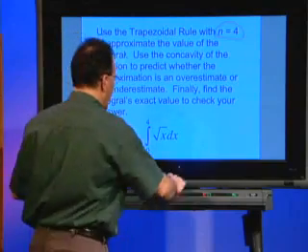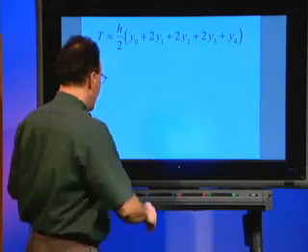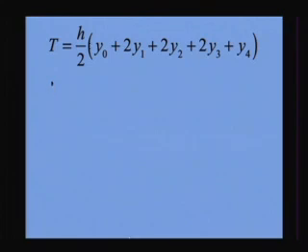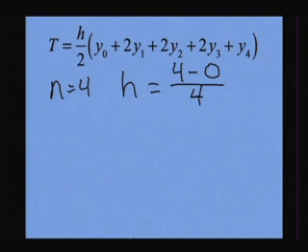So we know that n is 4, so now let's find h. So h is going to be equal to b minus a, which is 4 minus 0, all over n, which is 4, and that means that our step is equal to 1.